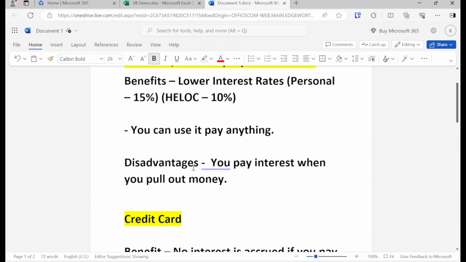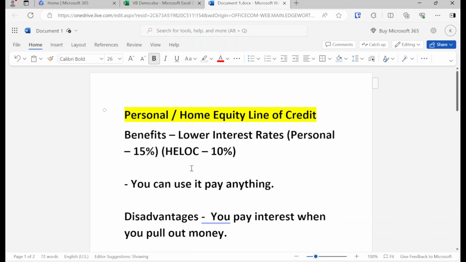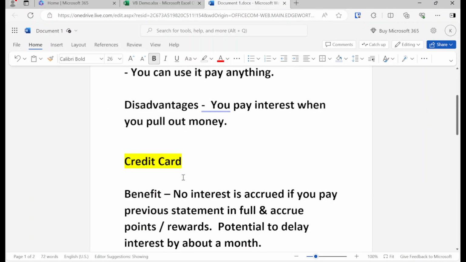But again, this is why you use both tools. You don't just go for the personal home equity line of credit only. I would go for both. I got a 15,000 personal line of credit. I got a 50,000 home equity line of credit. I also have, I think, 18 credit cards.